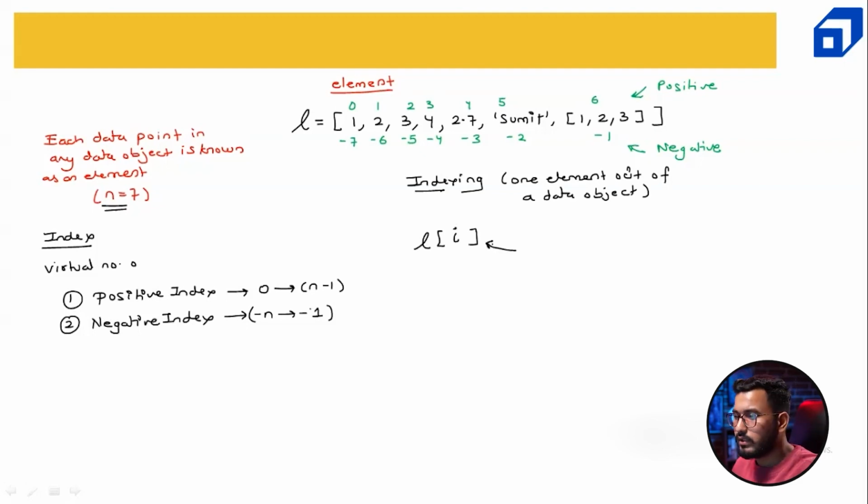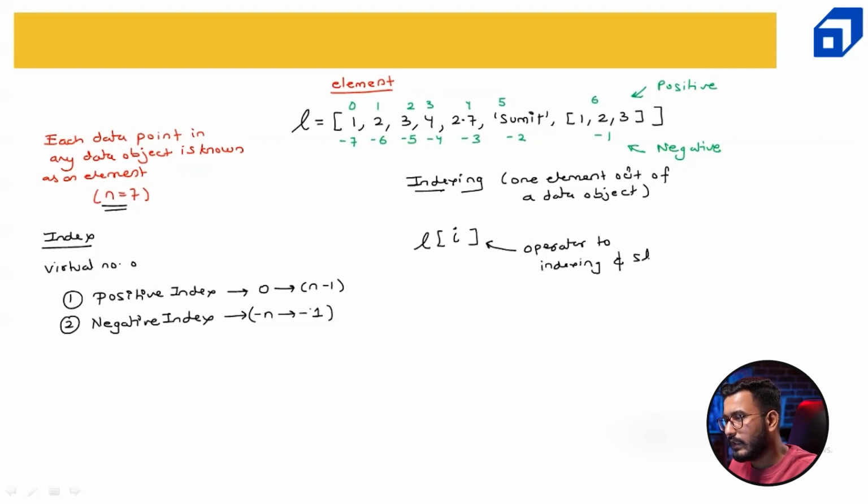Please remember, these square brackets are used as an operator for indexing and slicing. I'll be using these square brackets whenever I have to index or slice. This is universal in Python. Anywhere in Python, if you have the task of indexing or slicing, you will just use a square bracket.